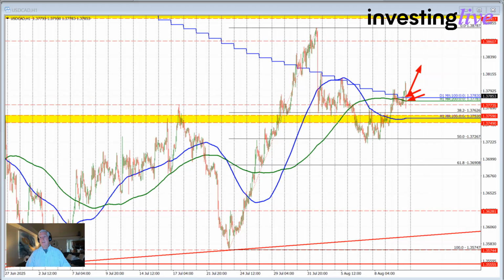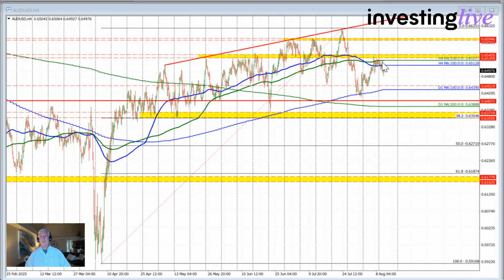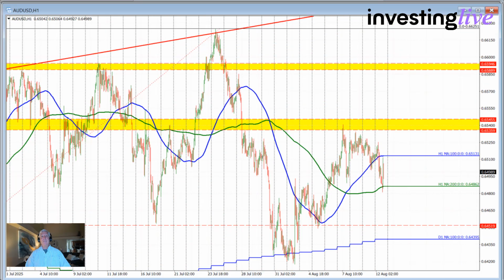Finally, let's take a look at the Aussie versus the US dollar. Recall the Reserve Bank of Australia did cut rates by 25 basis points, and that's pushed the Aussie versus US dollar to the downside. Let's put it on the hourly chart. If we look at the hourly chart, the 100 and 200-hour moving averages, the price did move below the 200-hour moving average and rebounded back to the upside here, but is holding below the 100-hour moving average.